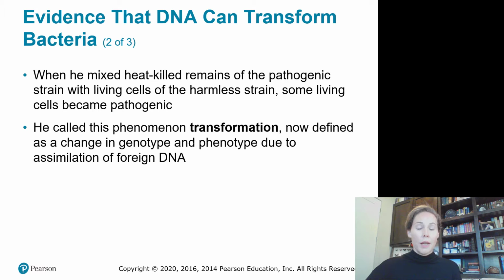It was a phenomenon, and he was able to define it as a change in genotype and phenotype due to assimilation of foreign DNA. So we can change our genotype and our phenotype, genotype being the genes, phenotype being the way that we look, and that is due to combining foreign DNA into known DNA.